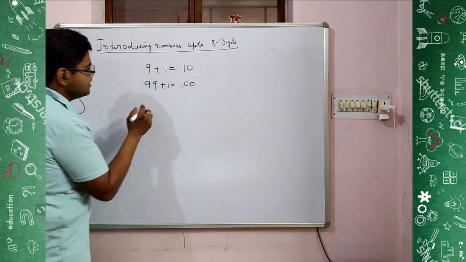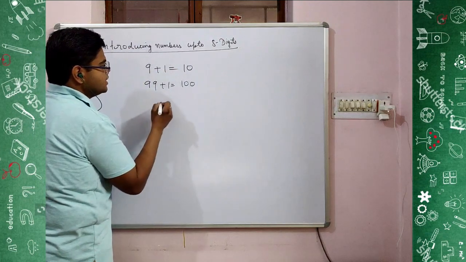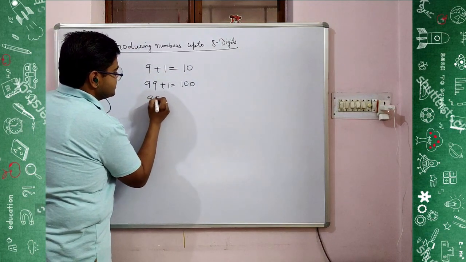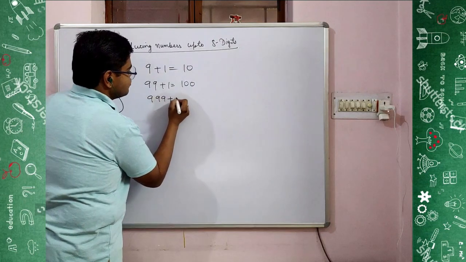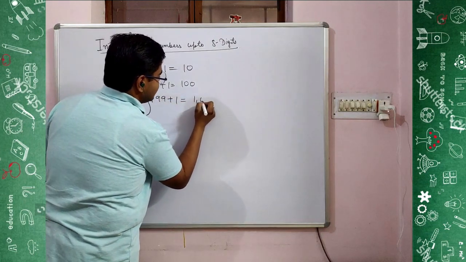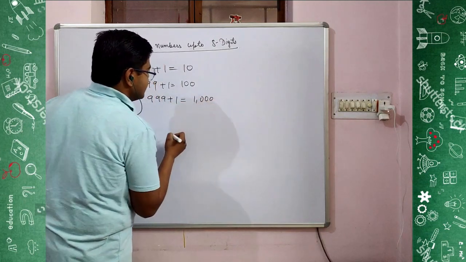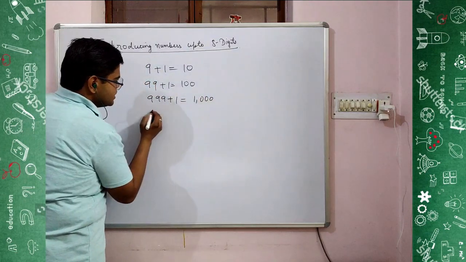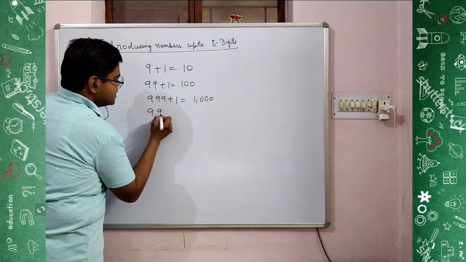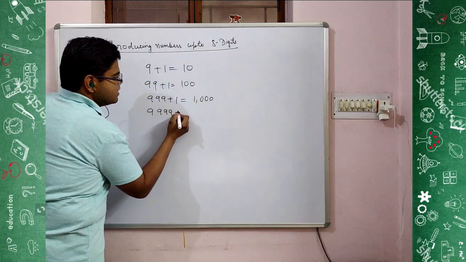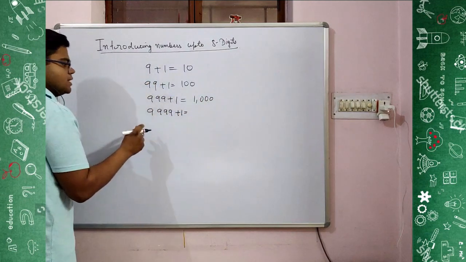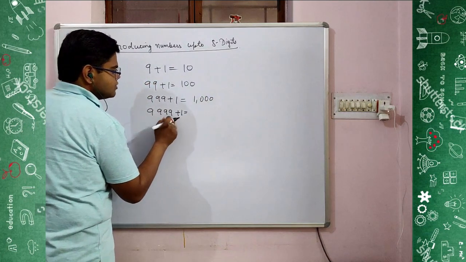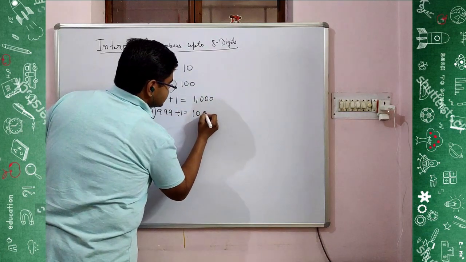Similarly, the largest three-digit number will be 999, and if we add 1 to it, it becomes 1000. Now the largest four-digit number will be 9999, and if we add 1 to it, it will become 10,000, children.